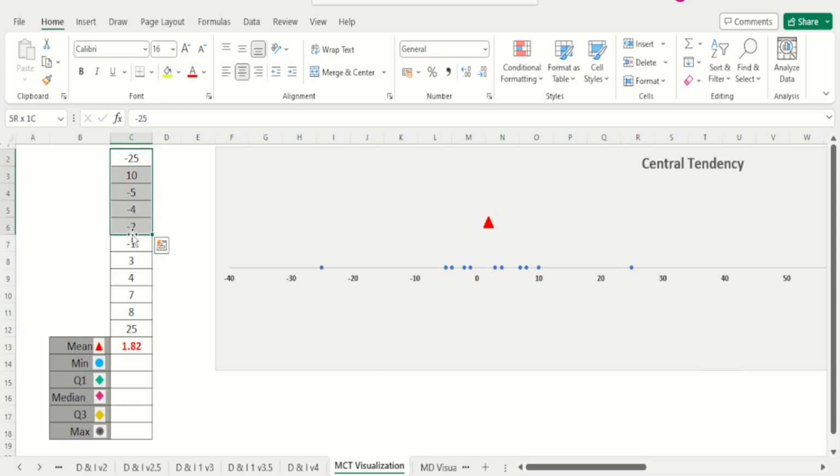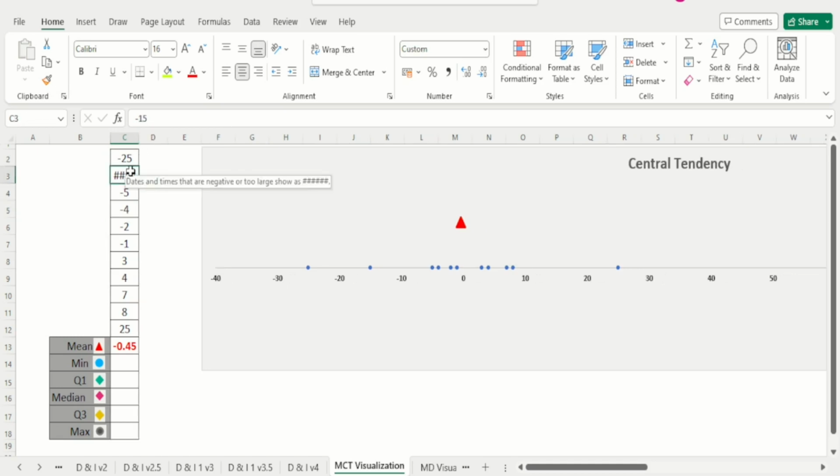So let's say we have -25, and then we have -15, and then we have -25, then you have -15, and then let's put in some other values here. In fact, let's put in 10.